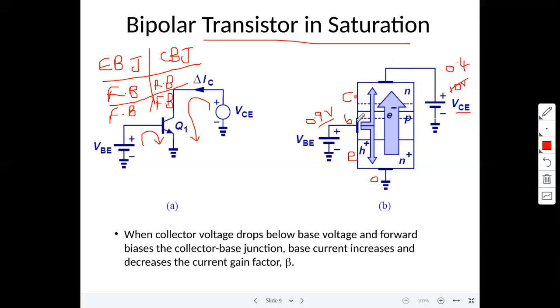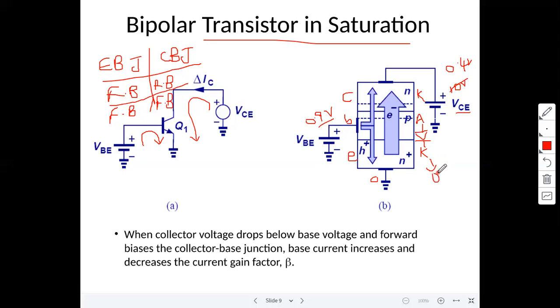Now observe the bias conditions. The P type is connected to 0.9 volt and the N type is connected to 0.4 volts only. Here anode is greater than cathode. This is anode and this is cathode, and this is also cathode. Why? Because in a BJT, two diodes are there. Here the anode value is 0.9 and the emitter cathode value is 0 volt.